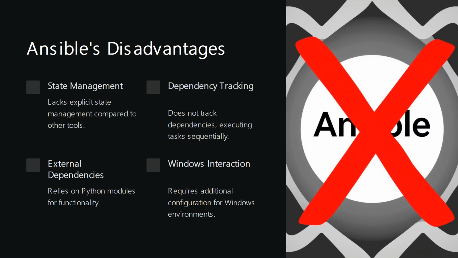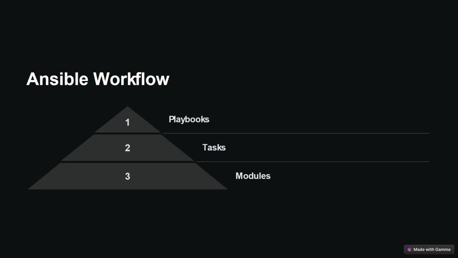At the same time, I cannot track the dependencies. The things I have mentioned in the playbook in the tasks will be executed sequentially. And Windows interaction: it requires some additional configuration for the Windows environment. Okay, these are the disadvantages when using Ansible.